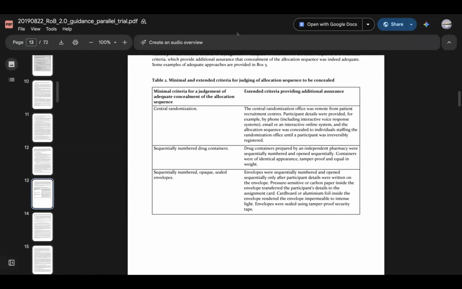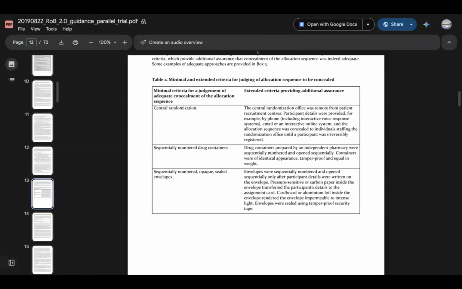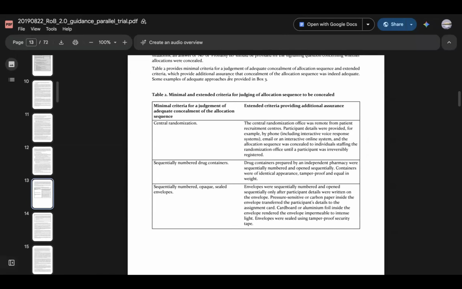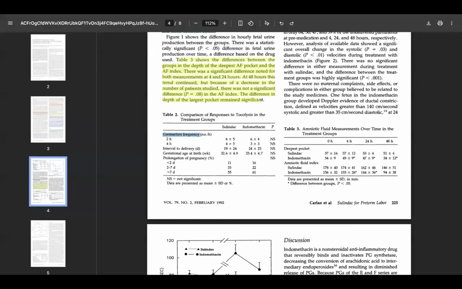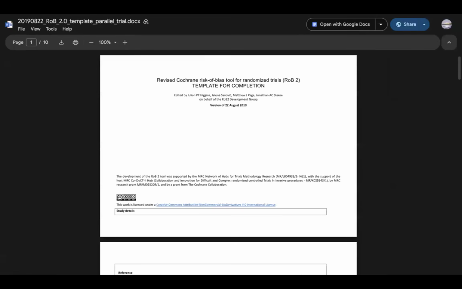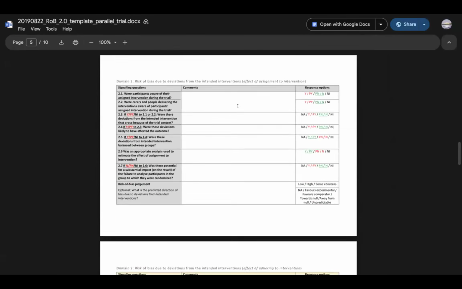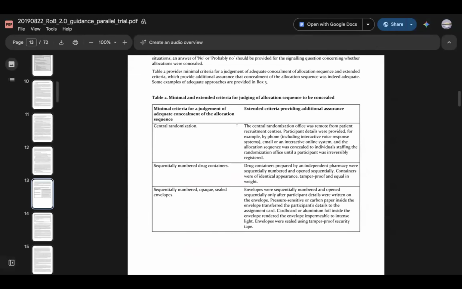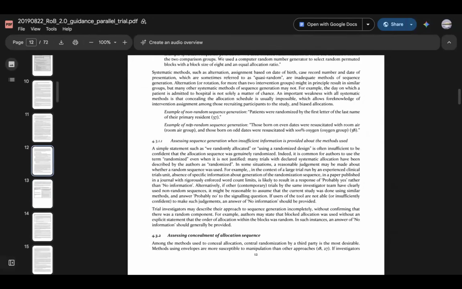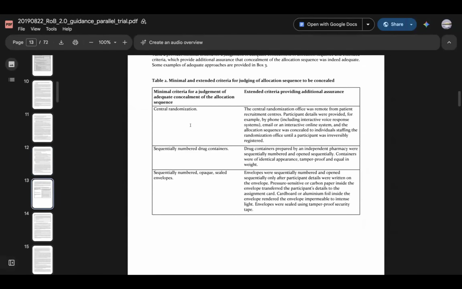Yeah, so domain one, in the document that starts 20190822, domain one is discussed on pages 10 through 21.